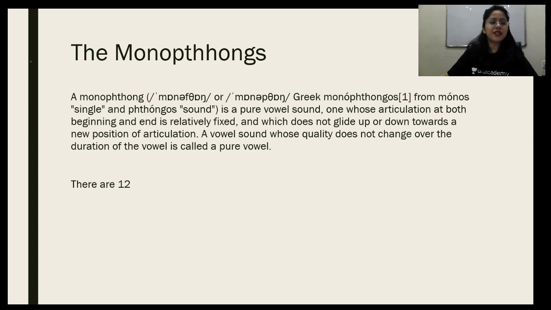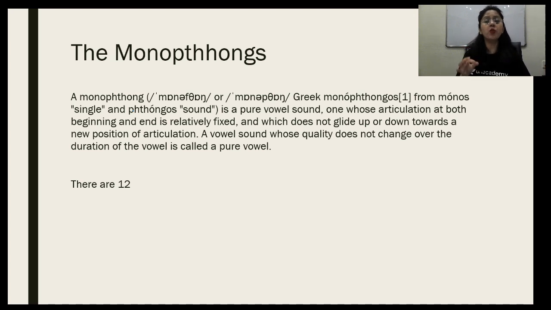Okay, so let me tell you about the monophthongs. A monophthong is a word taken from Greek vocabulary. The root word is monos, which means single, and phthongos means sound, and that is the reason why it is together called monophthongs.